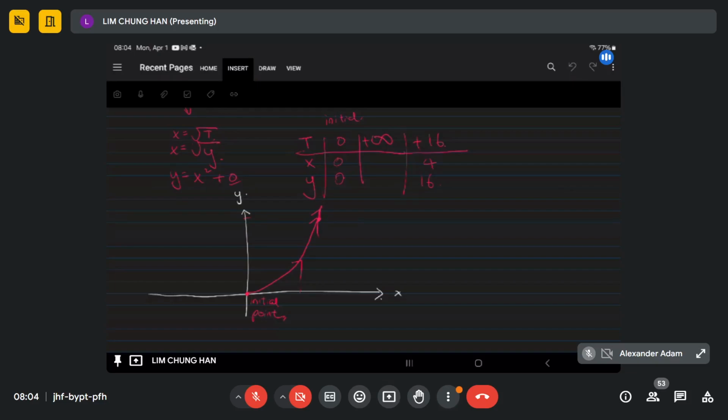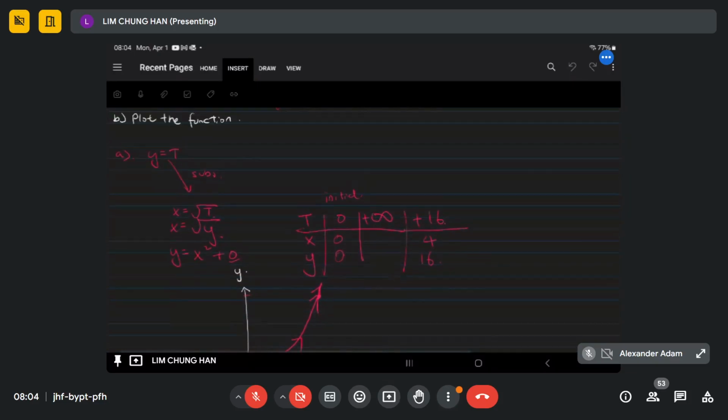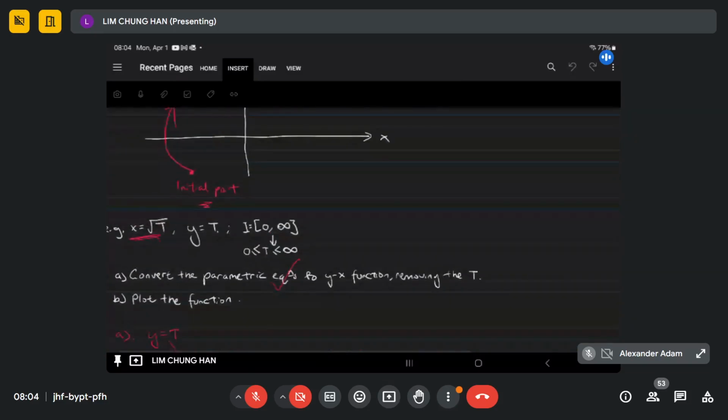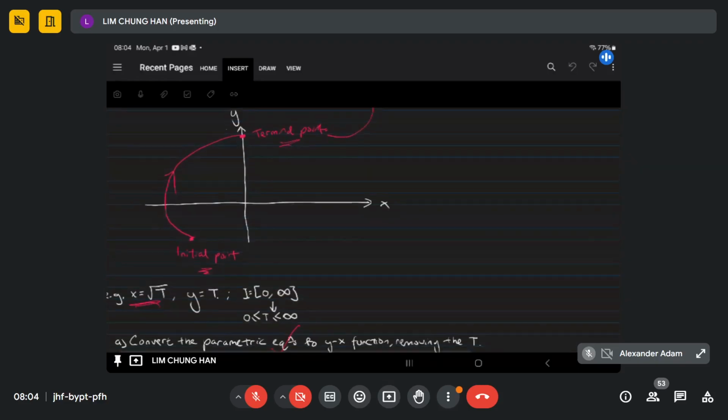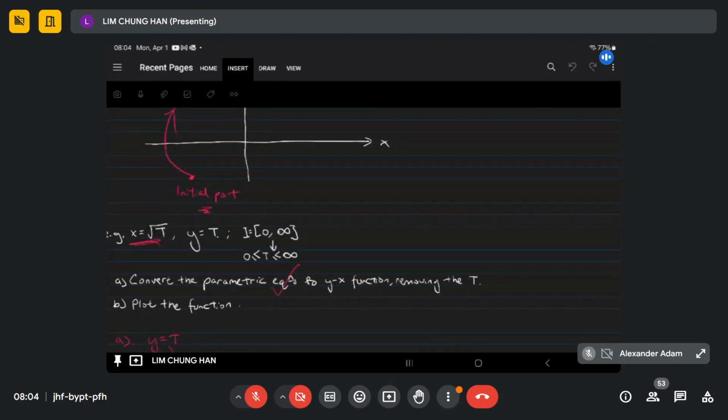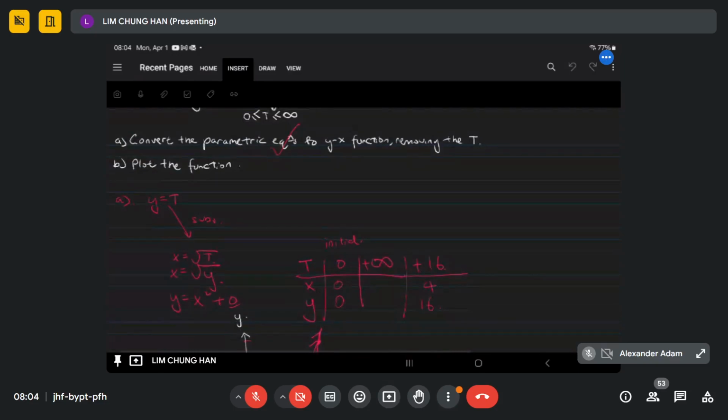Do you guys still remember what we went through last week? Parametric equations, right? I hope you still remember the important features of a parametric equation. For today, we are going to go through a few more examples, just so that you can familiarize yourself with this thing called parametric equation.